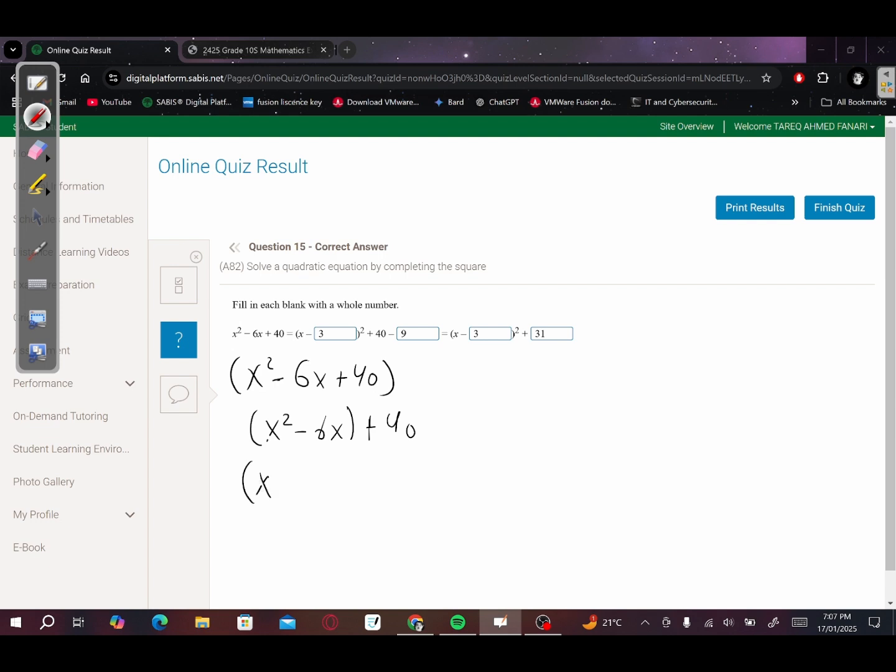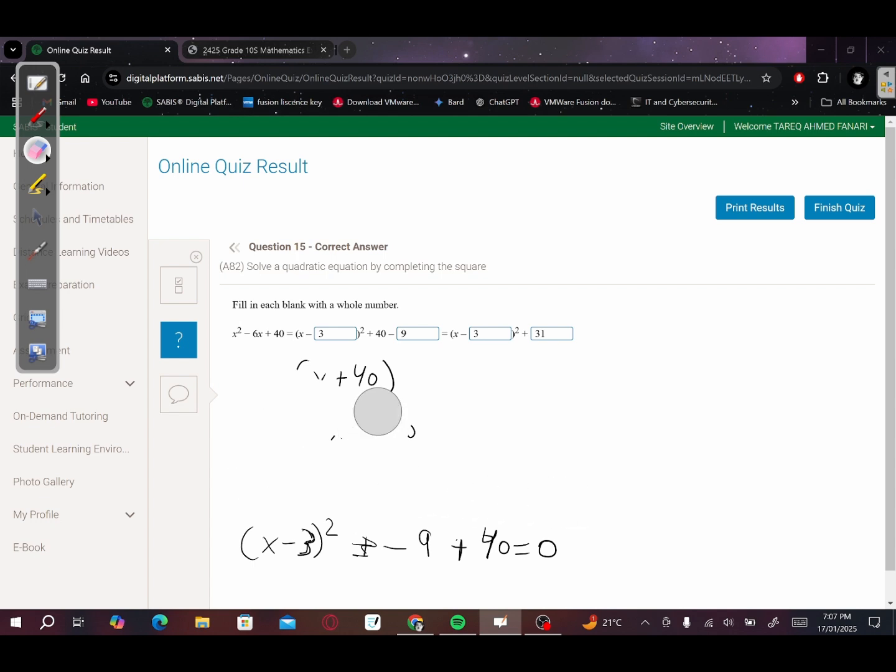So x squared minus 6x plus 9 minus 9 plus 40 is equal to 0. Factor the first trinomial, so x minus 3 squared minus 9 plus 40 is equal to 0.